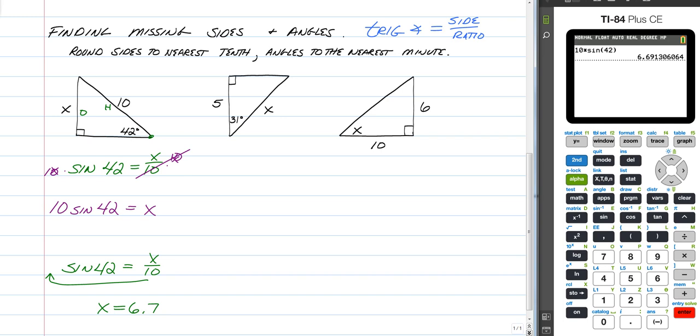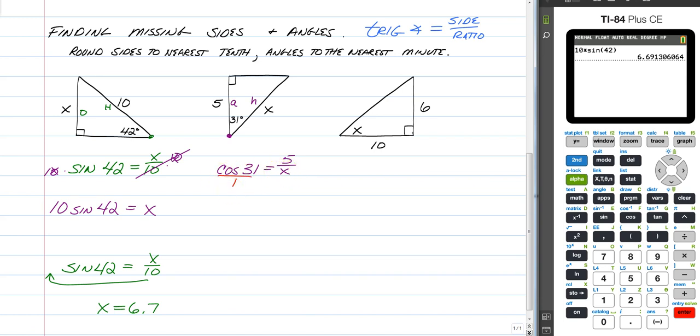Next example, we're standing on 31. We have an adjacent and a hypotenuse, so we're going to use cosine of 31 is equal to 5 over x. So we need to talk about when x is on the bottom. So this is the one where we need to turn this into like a reciprocal. So this is over 1.